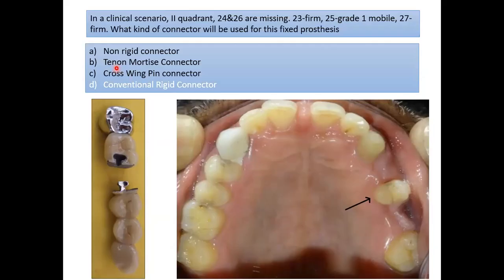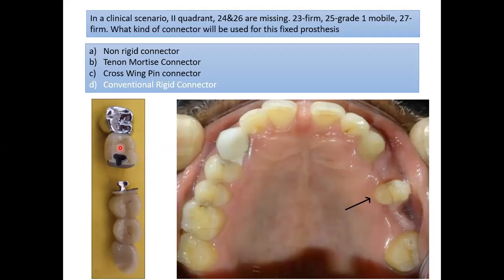So in an ideal condition, if your 2.5 is not grade 1 mobile and is firm, it is ideal to go with a non-rigid connector or a tenon mortise, or anything you name it. A key and keyway kind of connector can be used if your 2.5 is firm, where this portion from canine to second premolar will be part one of your prosthesis, with a key attached to this part one.